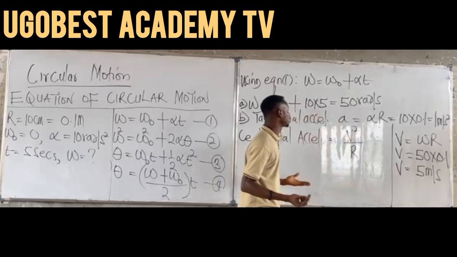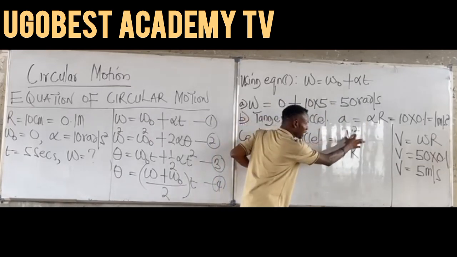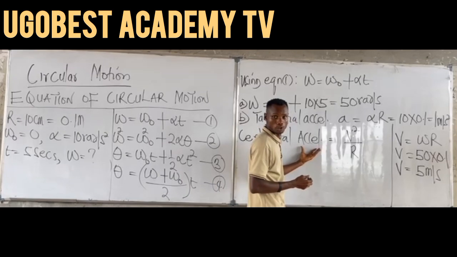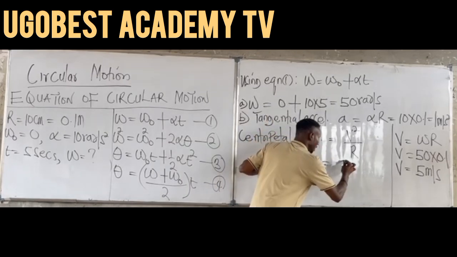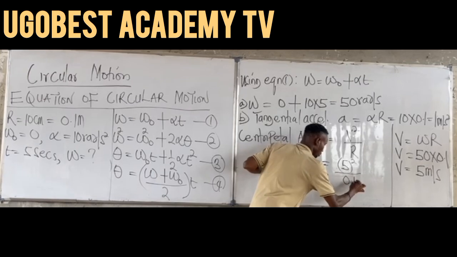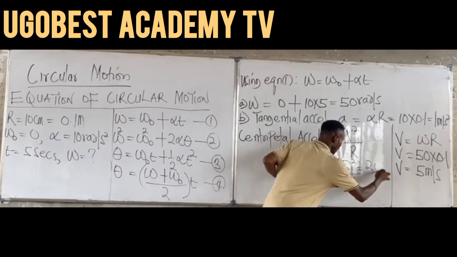Now that means our velocity was not given to us here. Radius is already given to us. Can we calculate acceleration at this point? Yes. So this will equal 5 all squared over what? 0.1. So this will give us 25 over 0.1.